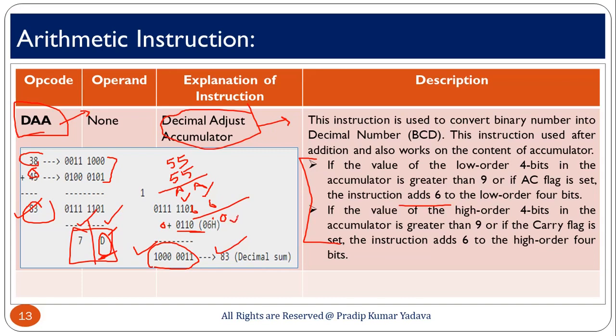So, this is 0, and 1 carry will be transferred here. Now, 10 and 1 is 11, 6 makes 17, and 17 in hexadecimal is written as 11. So, here we get 110 in hexadecimal, and when you add directly we also get 110. So, I hope by looking at these two examples you can easily understand how this instruction is going to work.